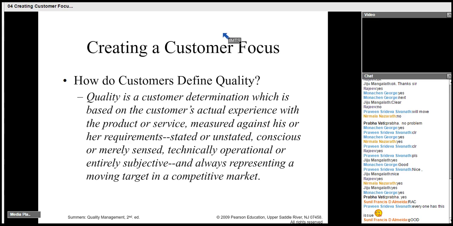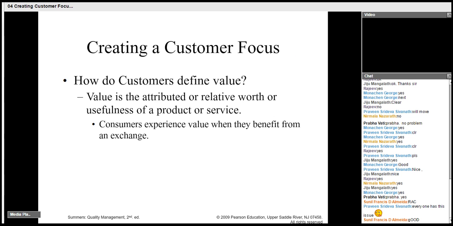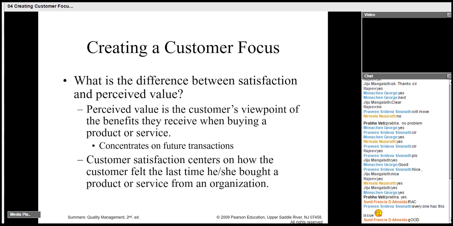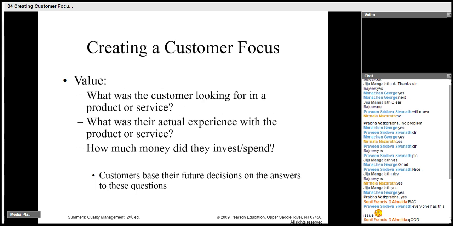How do customers define quality? Quality is a customer determination which is based on the customer's actual experience with the product or service, measured against his or her requirements, stated or unstated, conscious or merely sensed, technically operational or entirely subjective. So we have already seen the definition of quality before. How do customers define value? What is the difference between satisfaction and perceived value?